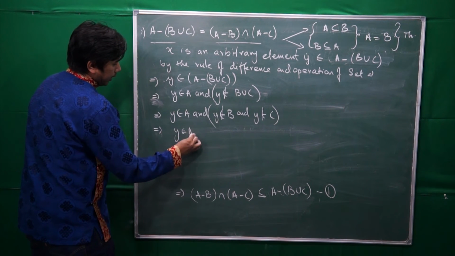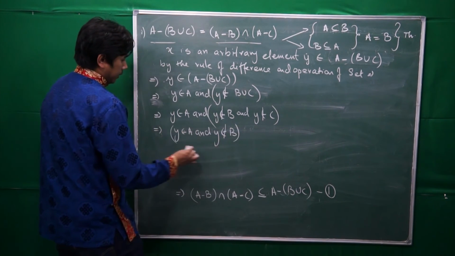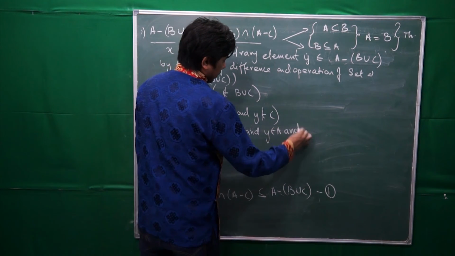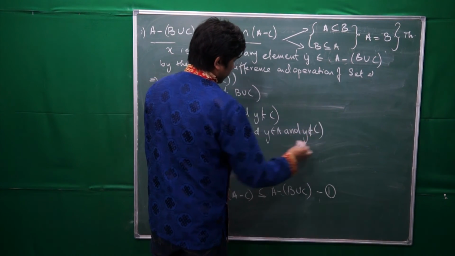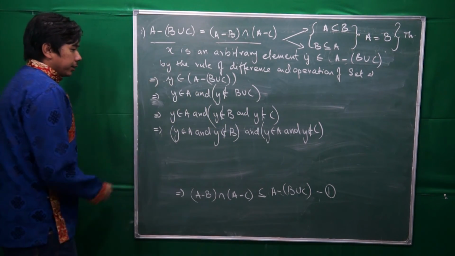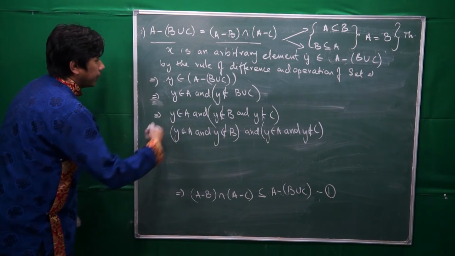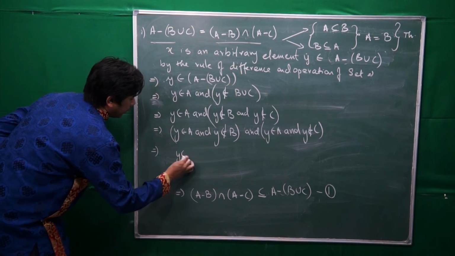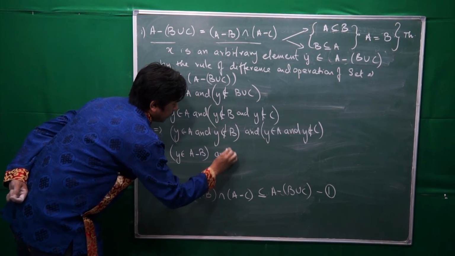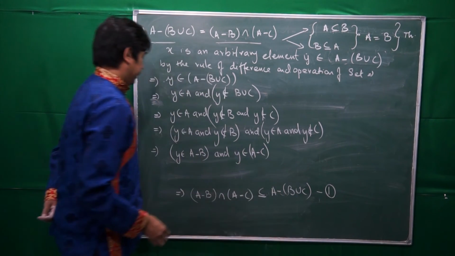Y belongs to A and Y does not belong to B, and Y belongs to A and Y does not belong to C. Simple. If you write it mathematically, by the rules, we have Y belongs to A minus B and Y belongs to A minus C.